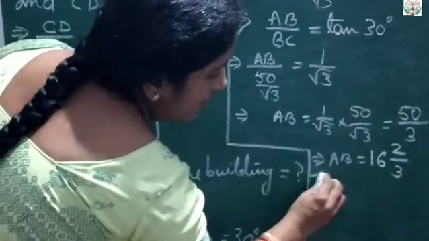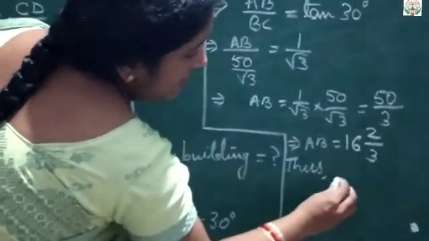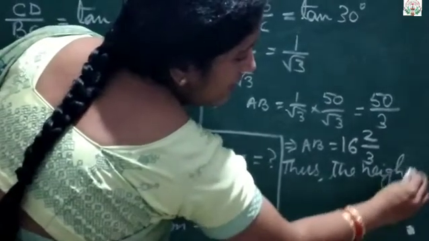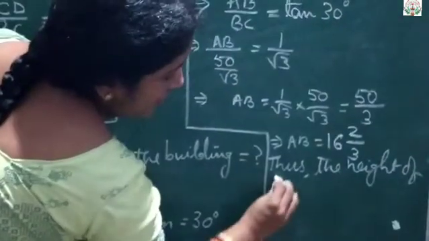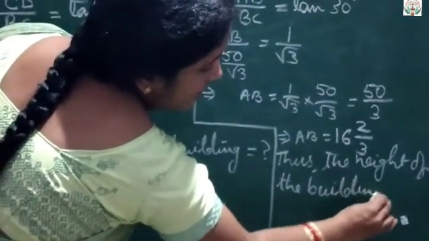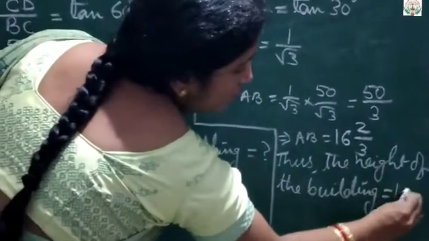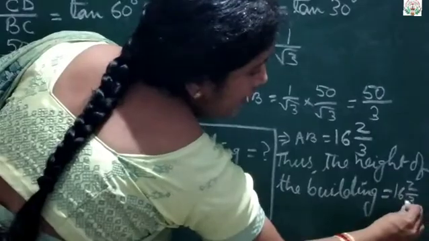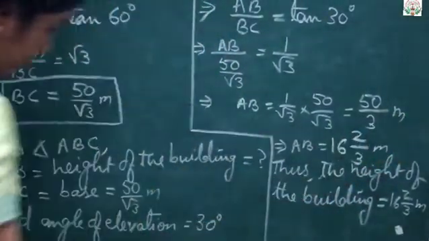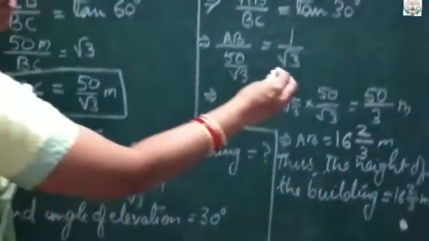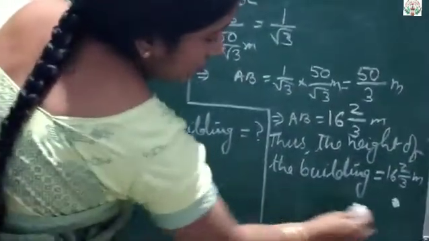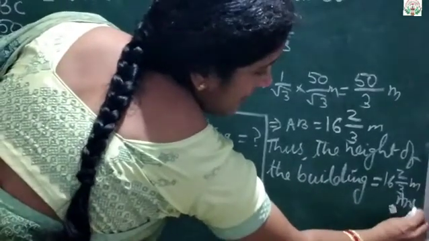So therefore you can write, thus the height of the building equals to 16 2 upon 3 meter. This is all meter, okay? Because we have written here meter, so everywhere meter will come. Okay? So this is the answer.